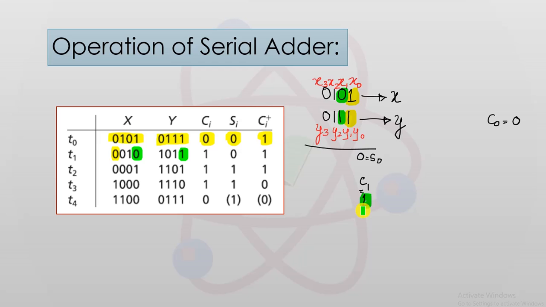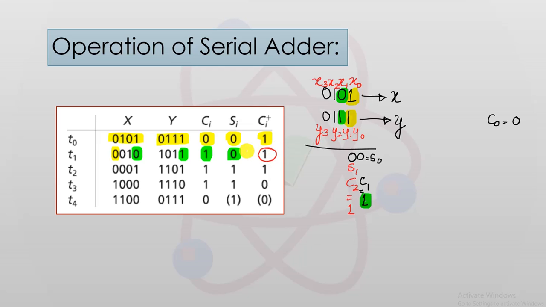Again, in this particular case, we had C1 equal to 1, so this C1 will be represented here, and when you add this, the sum again will be equal to 0, and this sum 0 will be denoted as S1. So this is S1 here, and the carry that is generated, C2, will be equal to 1, which has been written here in the table.